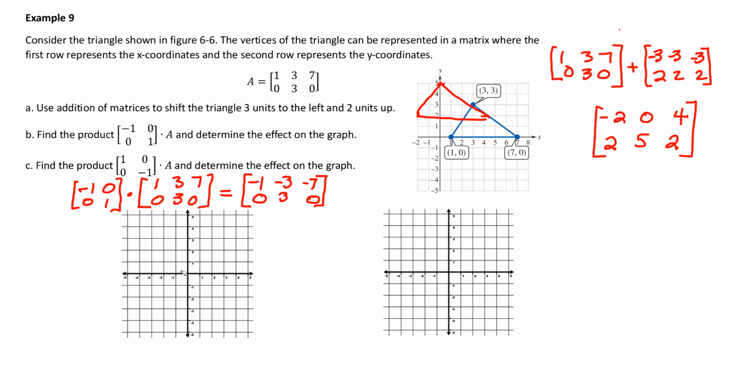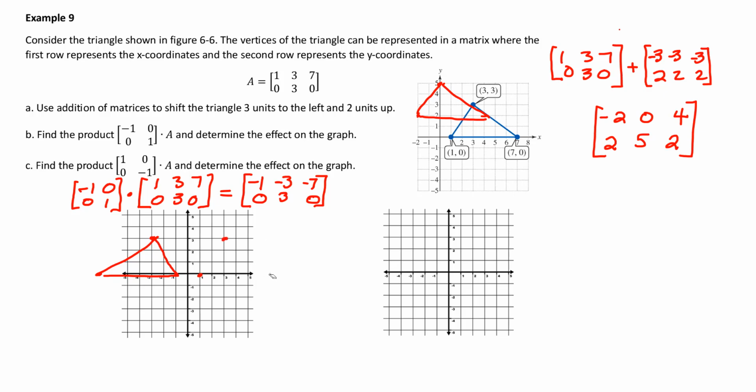So -1, 0 is right here. -3, 3 is right here. And -7, 0 is way over here. So we would just draw this like this. You can't really tell now because it's far away, but the original triangle was right here.